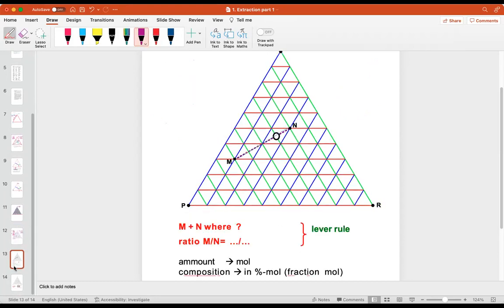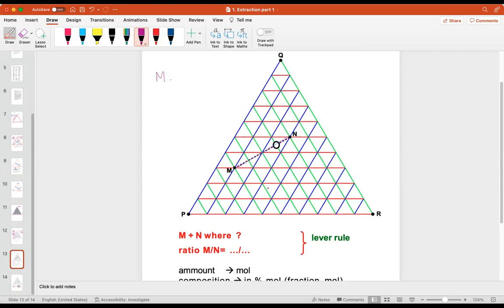Now, let's say at any points you should be able to read. Now I have a point, a composition of M. This point M, let's have a quick look, this M will have how many percent? 1, 2, 3, 4, 5, 6.